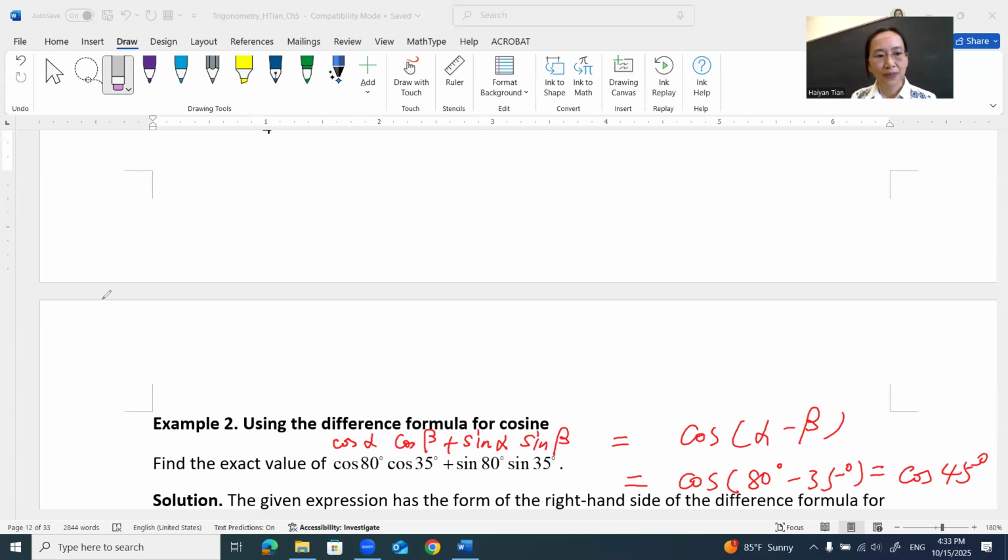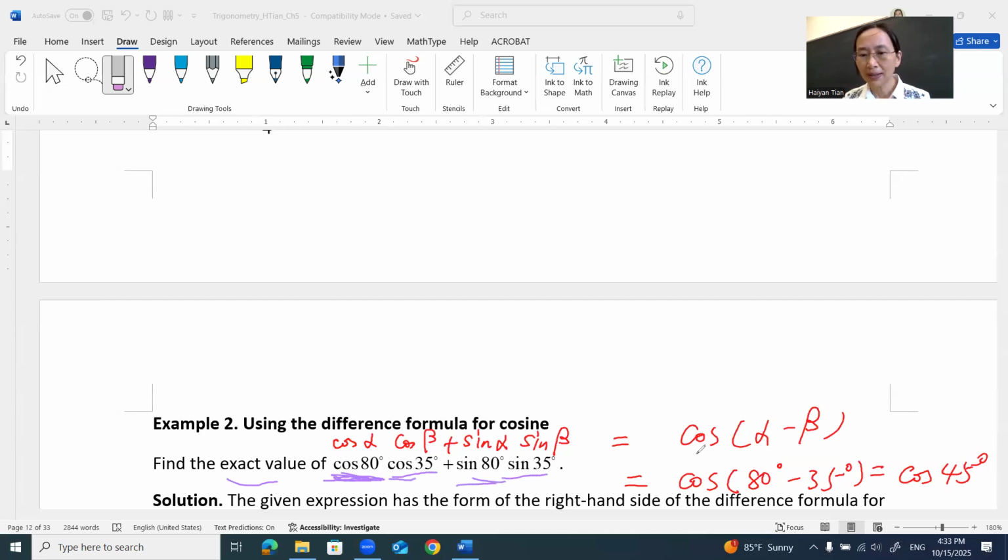From the given expression, we don't really know the cosine value of 80 and the cosine value of 35 because they are not special angles, so we cannot give the exact value of each cosine or sine.